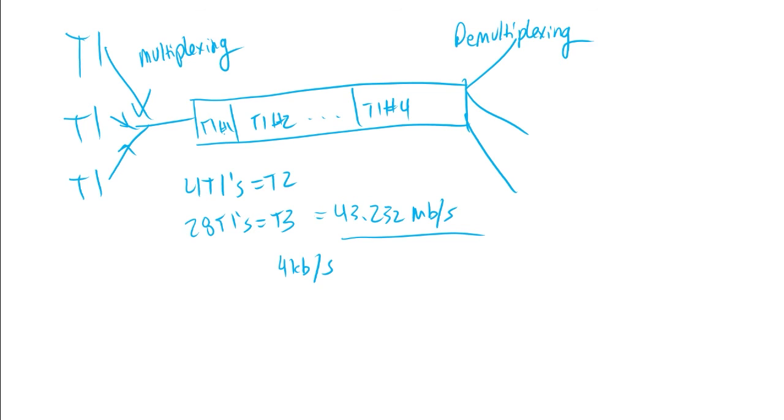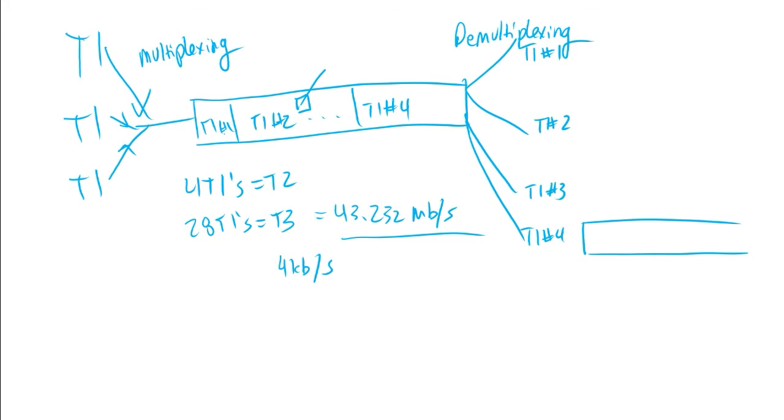So in order for us to get a voice channel out of our T1 here, we have to demultiplex and then extract our channels.